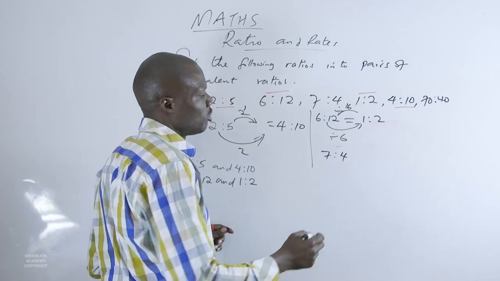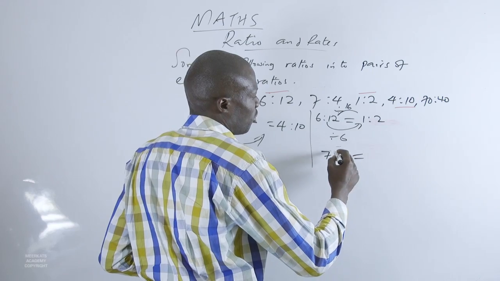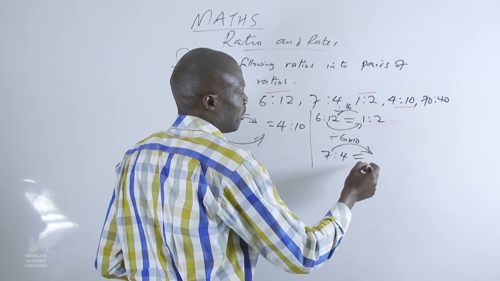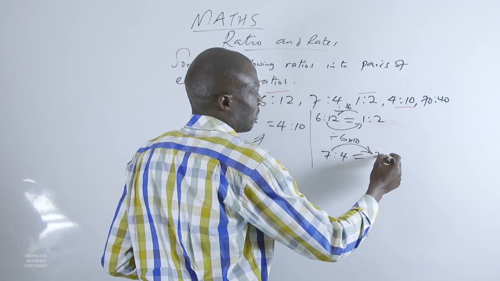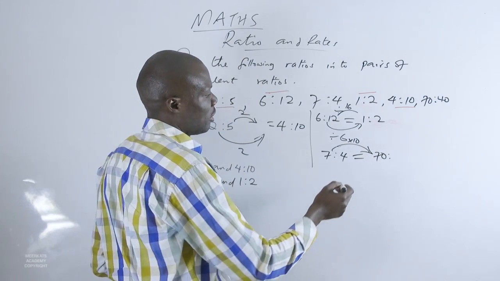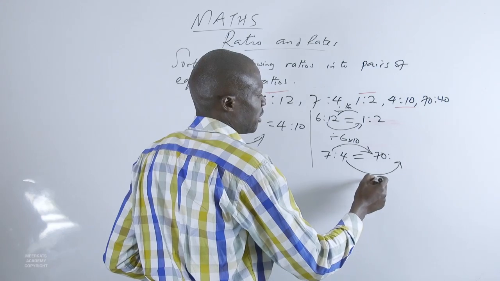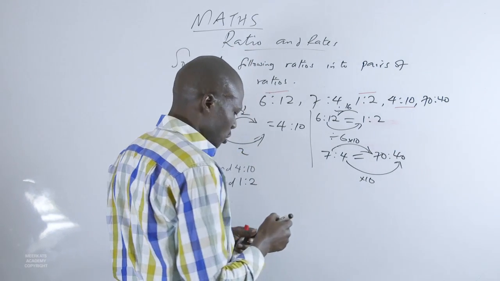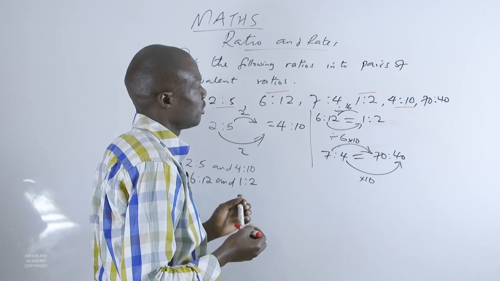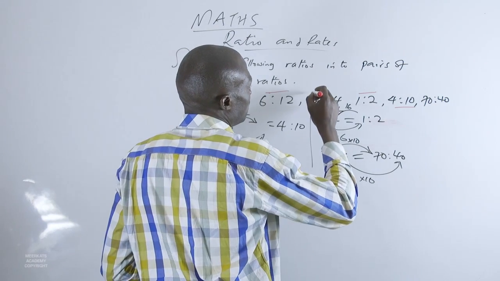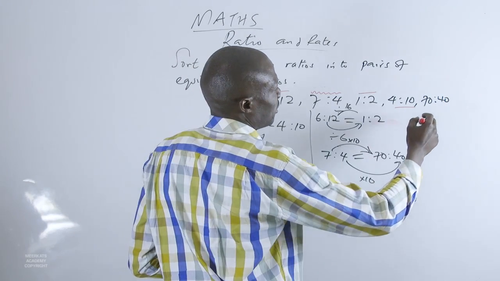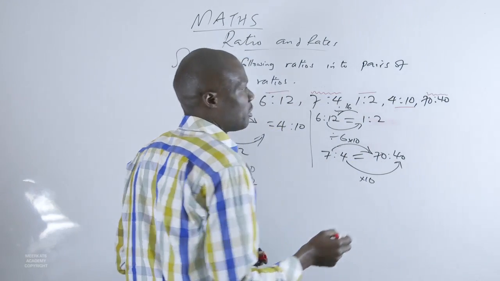So we come and say here that 7 to 4, multiply 7 by 10 gives us 70. Multiply 4 by 10 gives us 40. So we can agree that this ratio is equivalent to that one there.